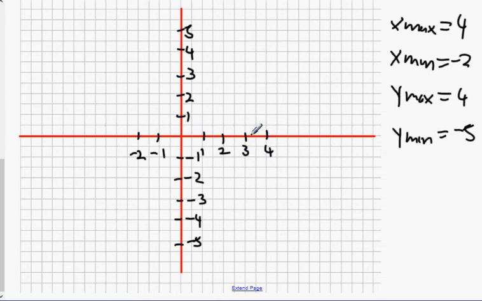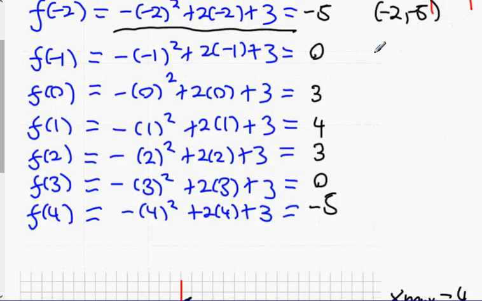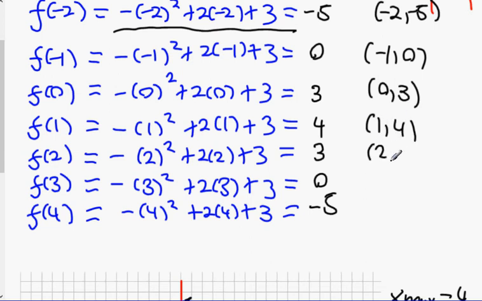Draw it out. Ready to draw this out? Okay, what's the first point we have? So these are our points here, aren't they? -2, -5, -1, 0, 0, 3, 1, 4, 2, 3, 3, 0, 4, -5.